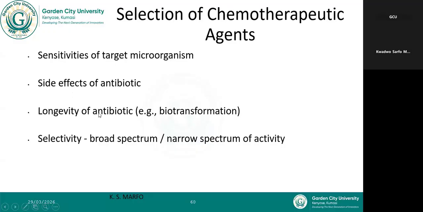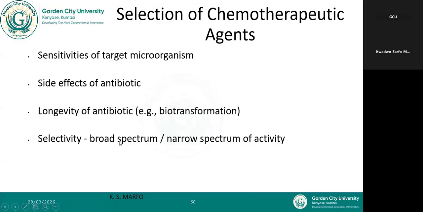And how long they can stay within the system when they are administered. You need to have them stay in the system for a long time so that they can clear the residual population. So how they are also metabolized within the system to bring about their desired effect.